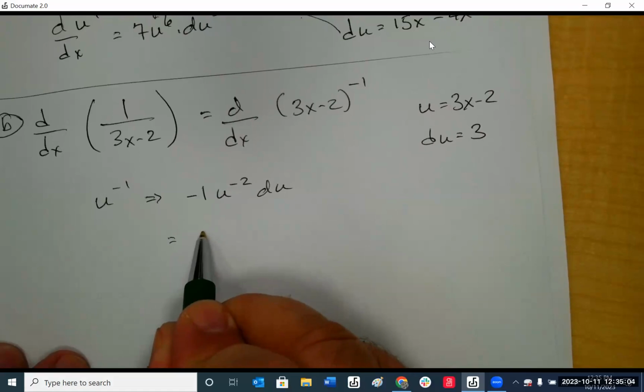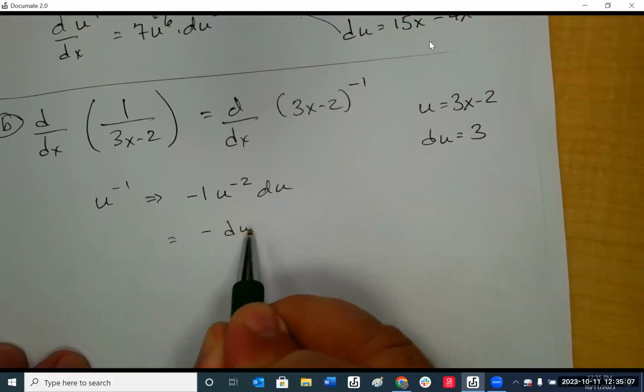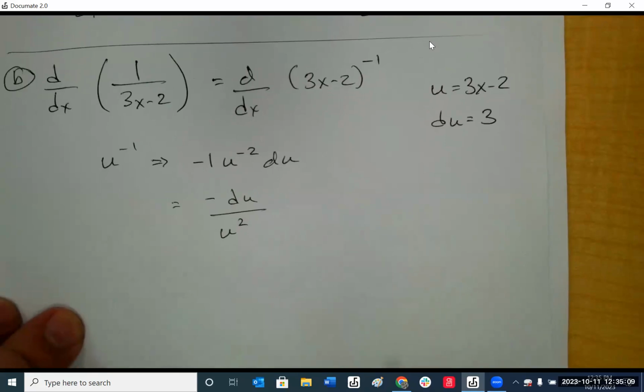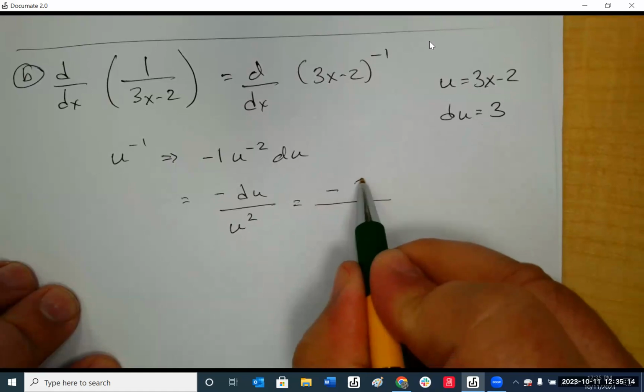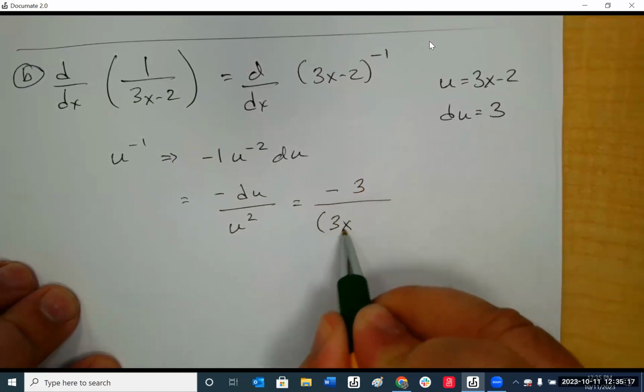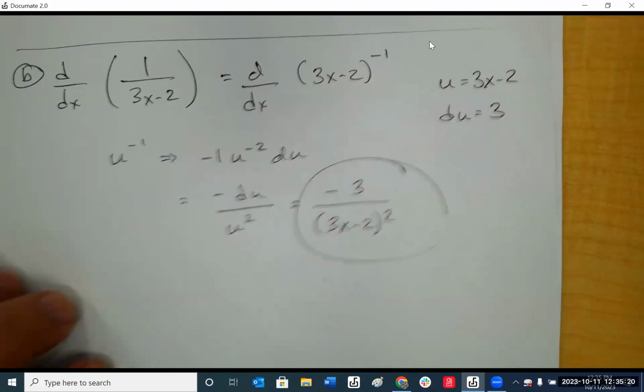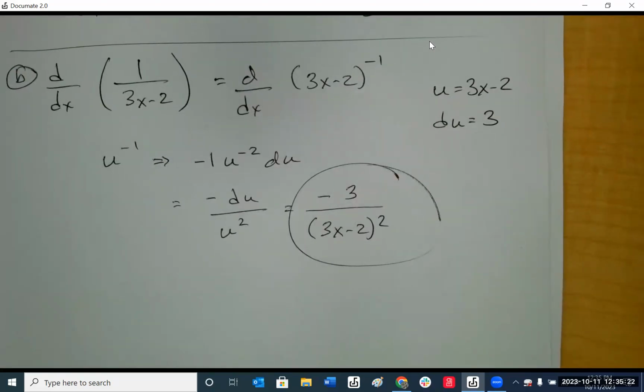So the way this is written is negative du over u squared, which is negative 3 over (3x minus 2) squared, and there's our derivative. So far, so good.